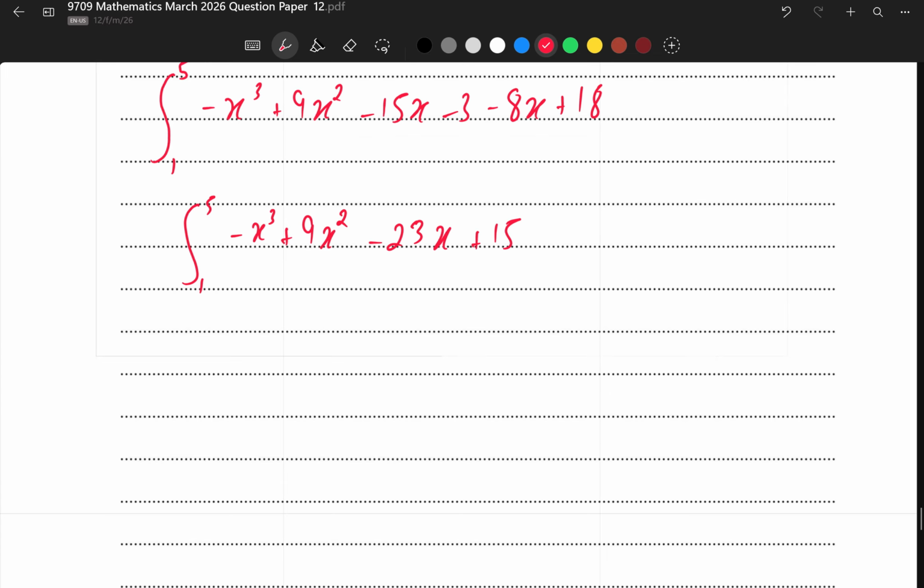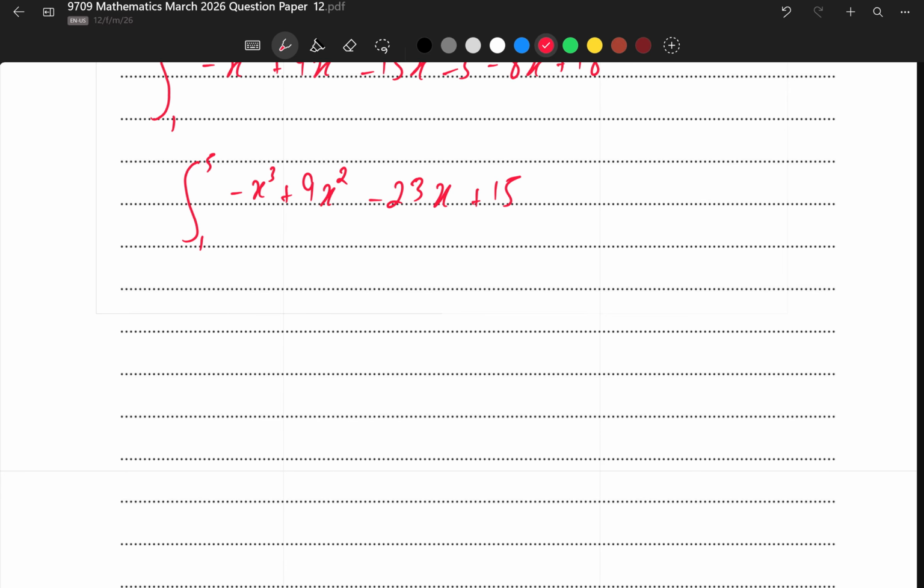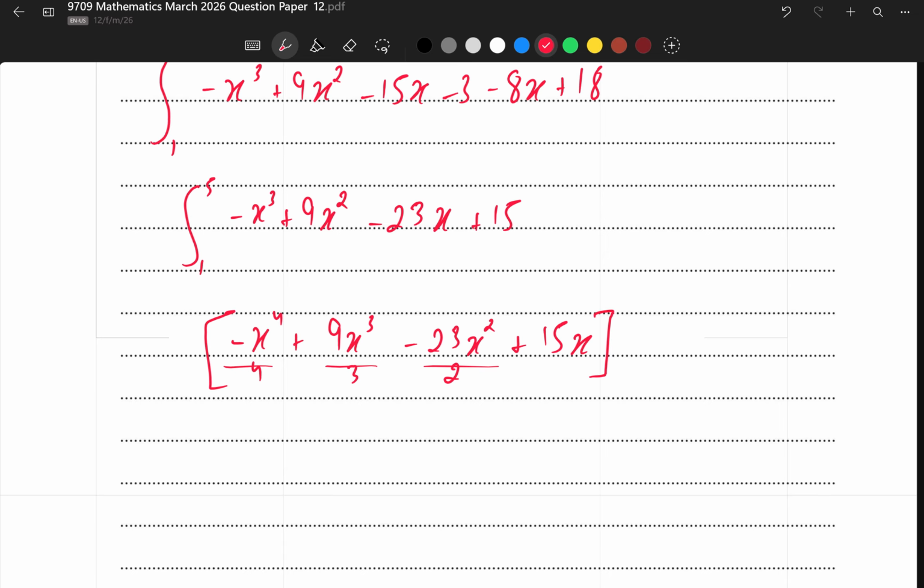Now if we integrate this, we'll get -x⁴/4 + 9x³/3 - 23x²/2 + 15x. We'll just put the limits. Notice we do not have a + c, the constant of integration, because this was a definite integral, which means it had limits.